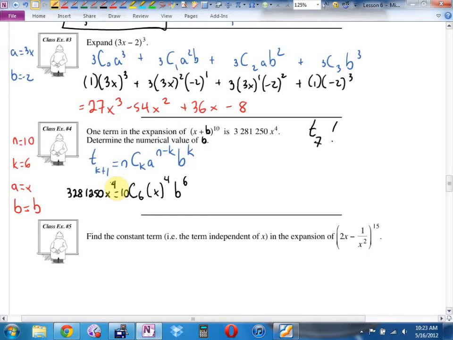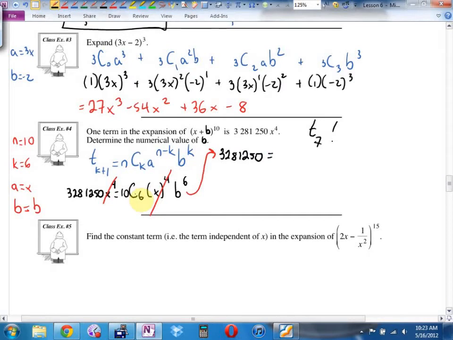You with me so far, Tyler? And something kind of cool happens because this is all being multiplied and this is all being multiplied. I can cancel out the x to the 4th. So you could divide the x to the 4th out. And I end up with this. 3,281,250 equals. What is 10 choose 6? Can somebody actually evaluate that for me?